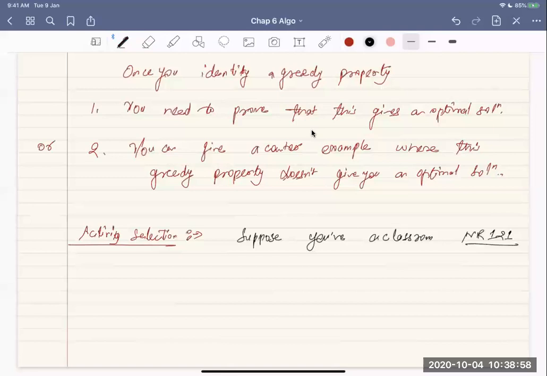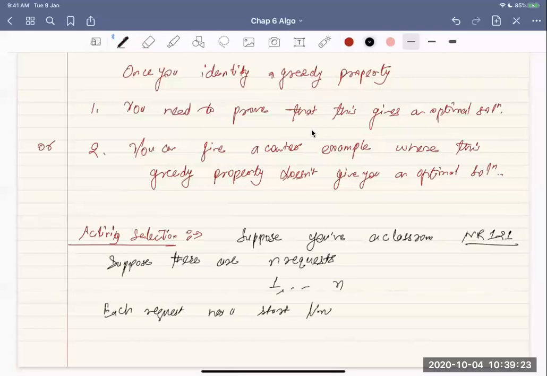Suppose there are n requests, 1 to n. Each request has a start time, SI, and a finish time, FI.